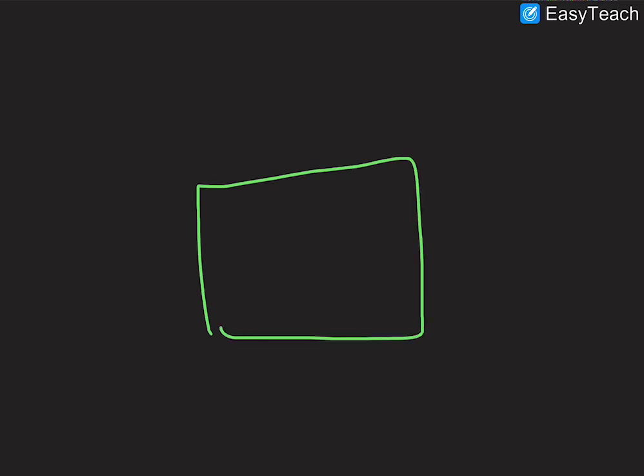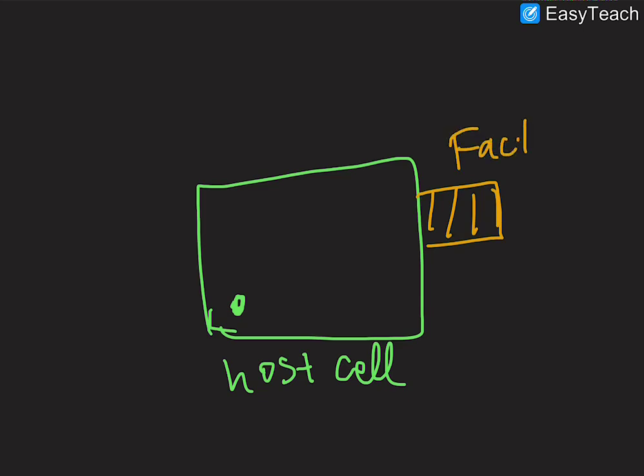All right, but let's talk about why this doesn't happen on our own cells. On our own host cells, we have this amazing regulatory protein. So let's draw our host cell like this, with its nucleus. And on our host cell, we have something called factor H. Factor H, it turns out, is the main regulatory protein of the alternative complement pathway.